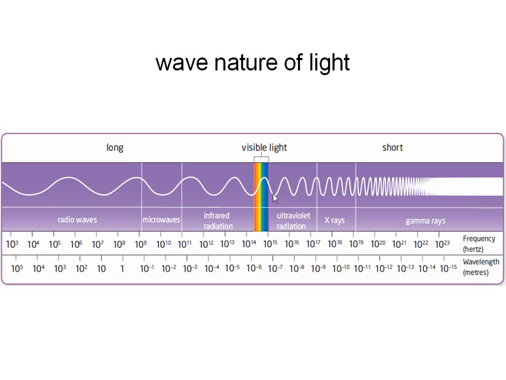The wavelengths of UV rays are shorter than 400 nanometers. So 400 is purple, 700 is red light. Remember, 700 is red and 400 is purple or violet. Shorter than 400 is UV ray.